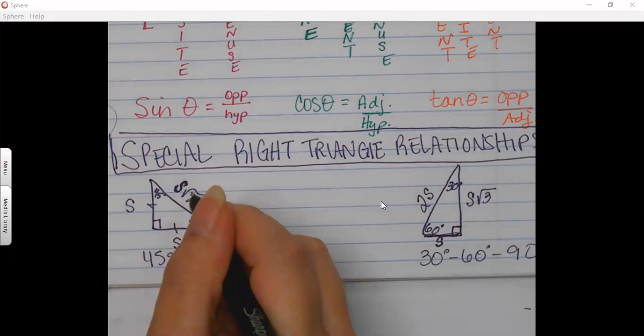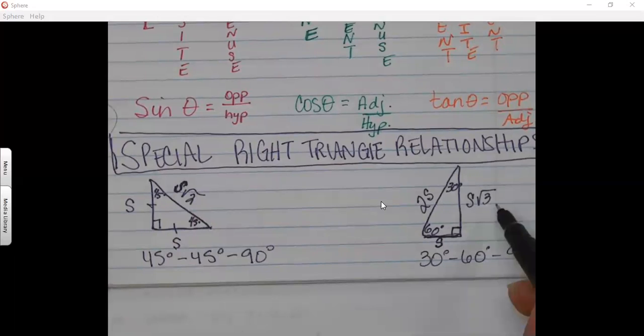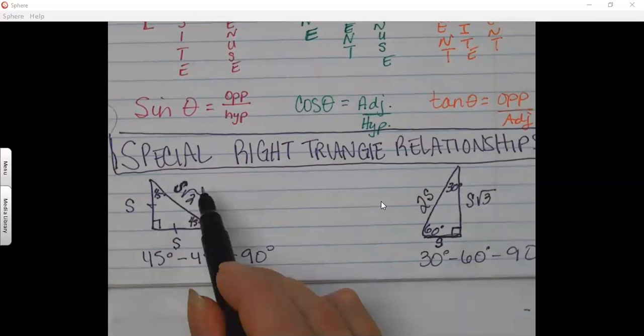You've got to remember something square root of 2 and something times square root of 3. So I always remember the 30, 60, 90, they're all 3 different, so I know that one as S square root 3. And on the 45, 45, 90, there are 2 S's, and the other one's S square root 2, 2 different angle measures. That's how I remember it. And also we do it a million times over, and that helps me remember too.